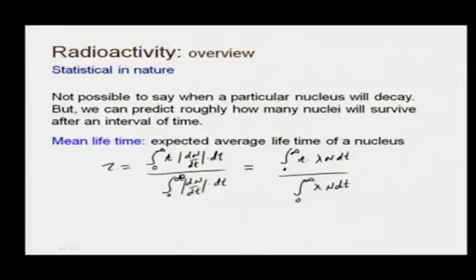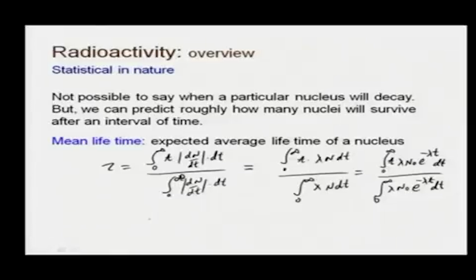which is equal to the integral from 0 to infinity of t times lambda N at time t, which is nothing but N0 times the exponential minus lambda t, the exponential law, into dt, divided by the integral from 0 to infinity of lambda N0 e power minus lambda t dt.